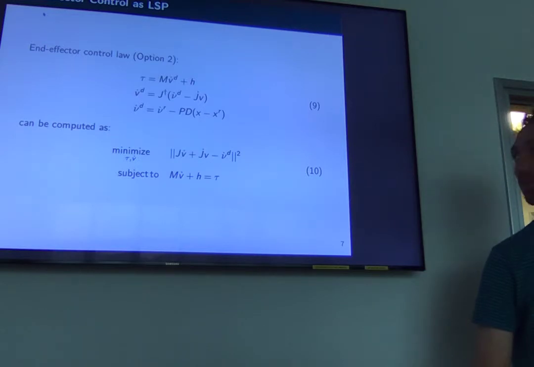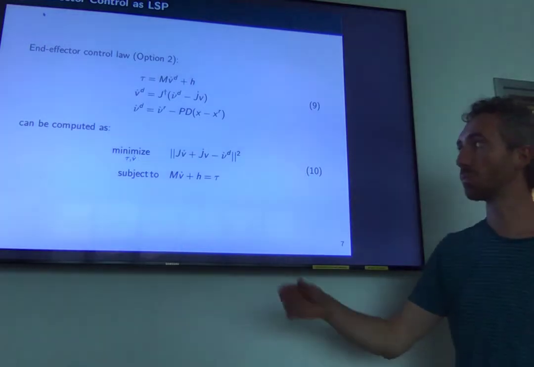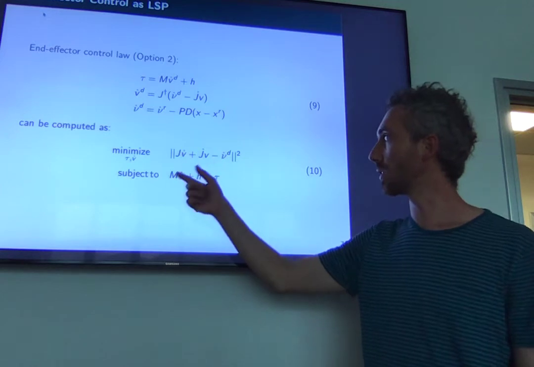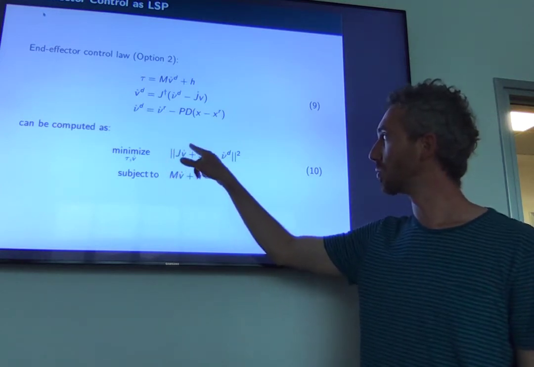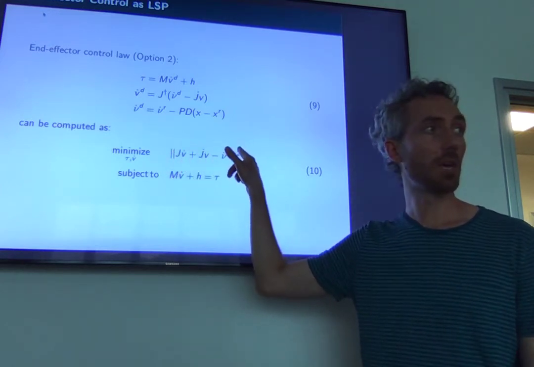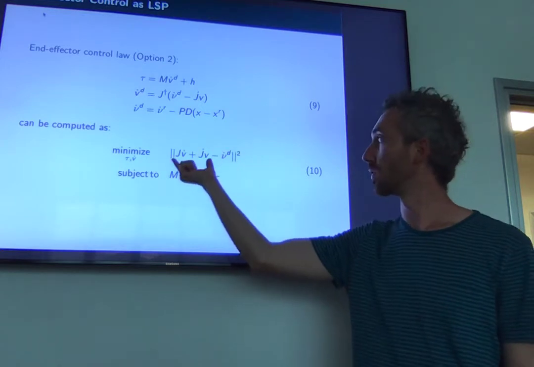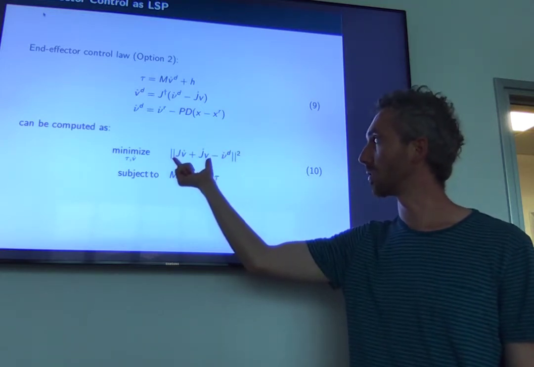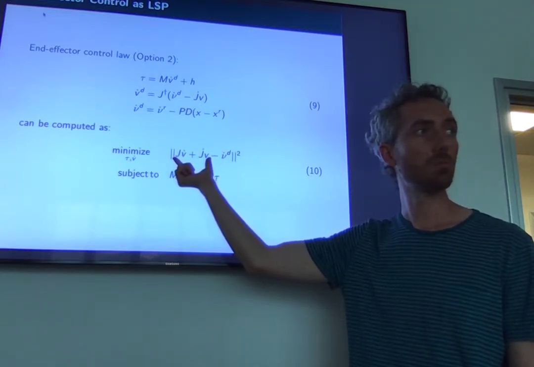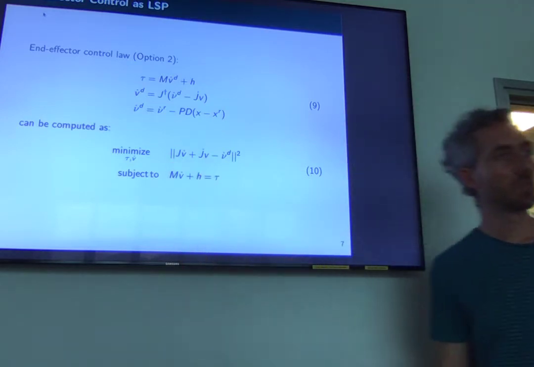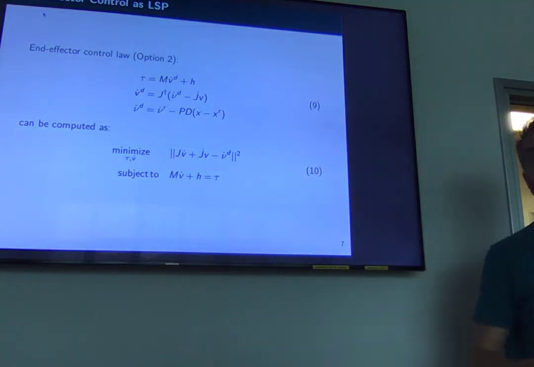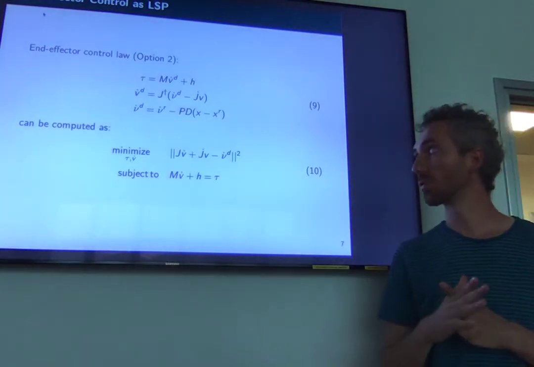So I could also write this as nu dot minus nu dot desired, because this first term here is nothing but nu dot. So in terms of the optimization problem that we need to solve, it's a very small change. Variables are the same, constraints are the same, we just modify the cost function.